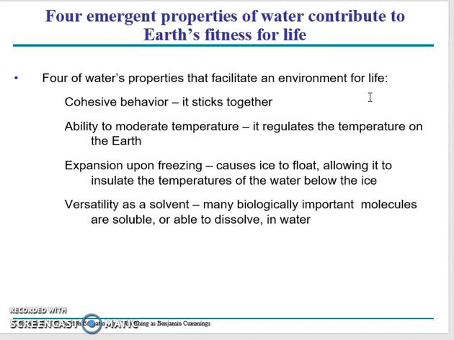Any mass of water, it's kind of hard to change the temperature. It takes a lot of energy to cool it down or heat it up, right? So that's really good, and it allows those temperature moderations. It expands upon freezing. So when water freezes and turns to ice, it is actually less dense than the surrounding water, and that makes it float.